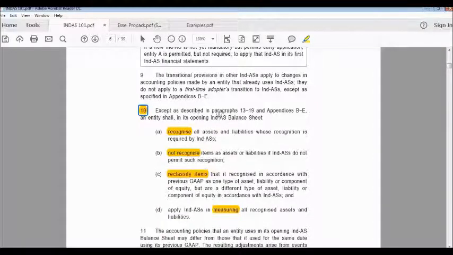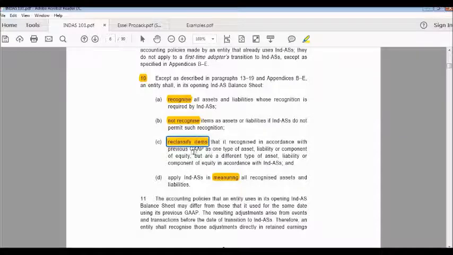It says, except as described in paragraphs 13 to 19 and appendices B to E, an entity shall in its opening Ind AS balance sheet: A, recognize all assets and liabilities whose recognition is required by Ind AS; B, not recognize items as assets or liabilities if Ind AS do not permit such recognition; C, reclassify items that it recognized in accordance with previous GAAP as one type of asset, liability or component of equity, but are a different type of asset, liability or component of equity in accordance with Ind AS; and D, apply Ind AS in measuring all recognized assets and liabilities.